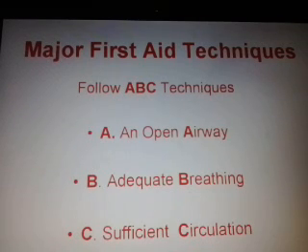Therefore, I am giving you some idea about how to open the airway, adequate breathing, and how to continue sufficient circulation.